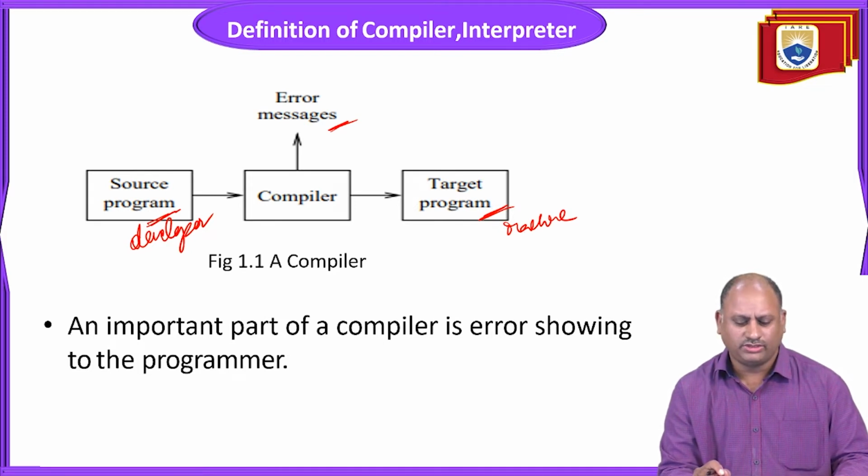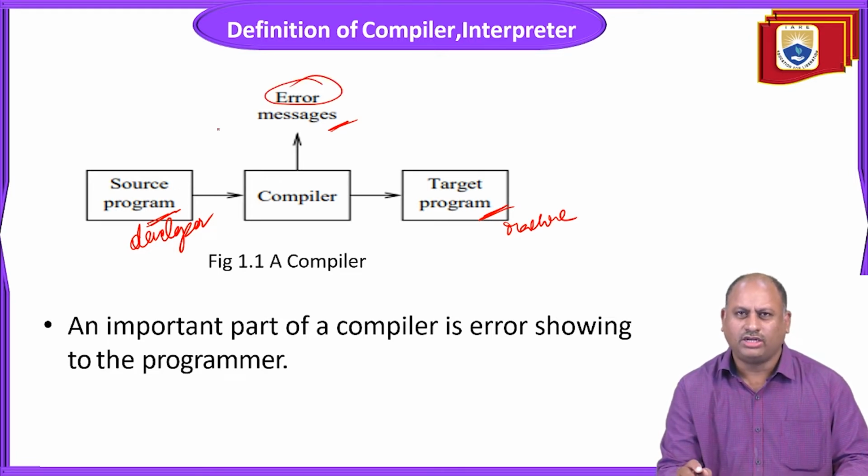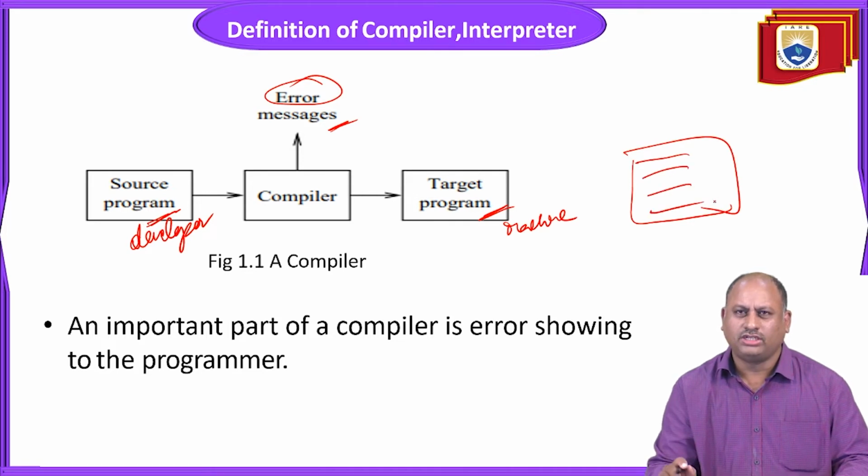It is one of the important points where errors are shown, and then the compilation process stops. Why? Because if there are any errors, compilation stops and the program is given back to the user with the corresponding messages, so that the user can verify the errors and remove them.